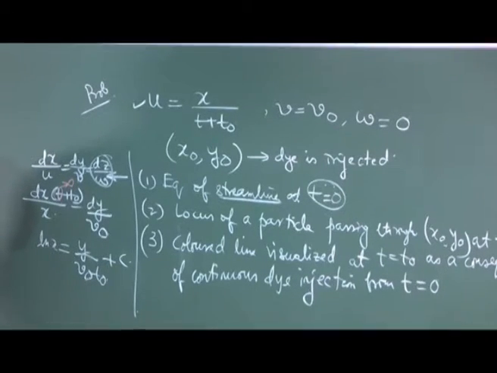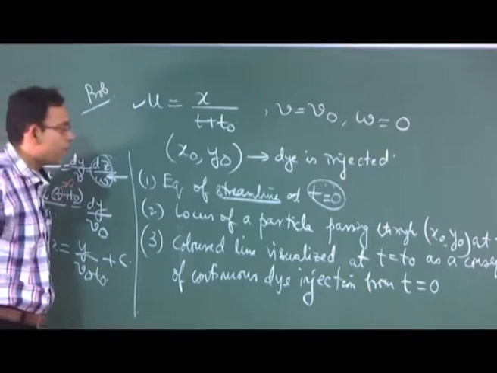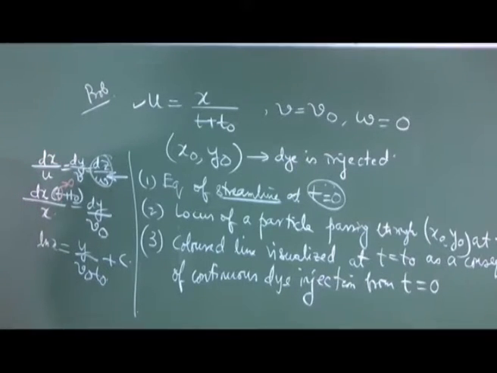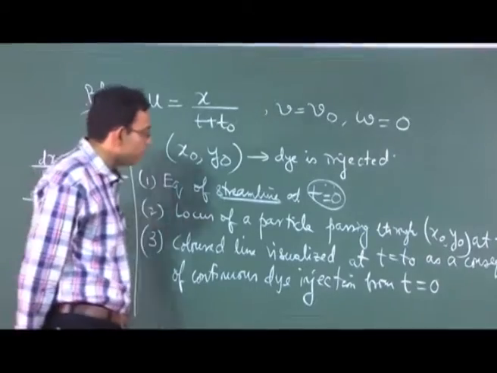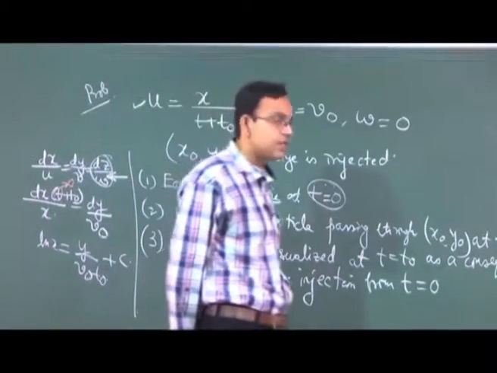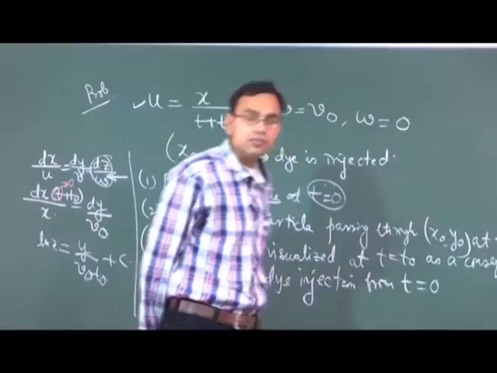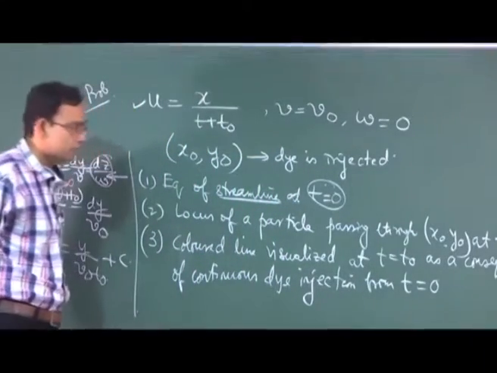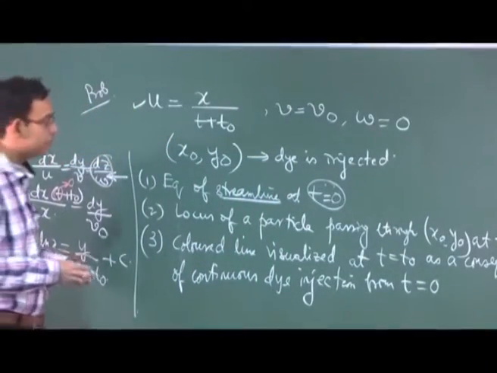The second part is the locus of a particle passing through x0, y0 at t equal to t0. So, how do you find the locus of a particle passing through x0, y0 at t equal to t0? We can do it something like this.